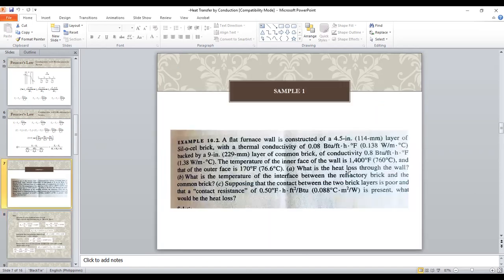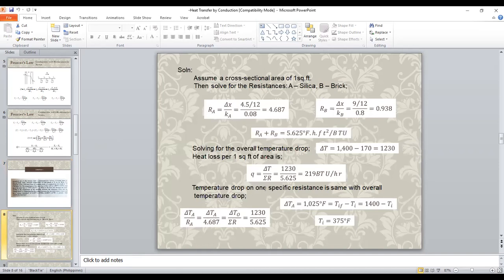So what is the heat loss through the wall? For letter A, because I've been discussing, this is already the heat loss through the wall, the entire wall that is. Let me annotate. So this is already the answer for letter A, so we may not get lost on what is really required. So this is our A. And then I'll go back to B so that you'll be guided on what is really being asked.